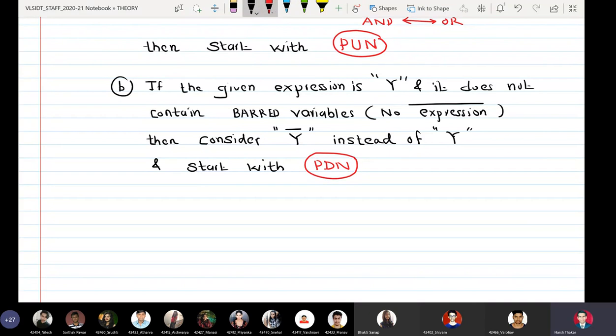Similarly, if you start with PDN, then you go to the pull up network. And you know that the journey from pull up to pull down, or pull down to pull up, is simply taking a mirror image.